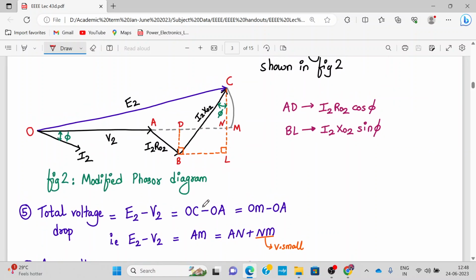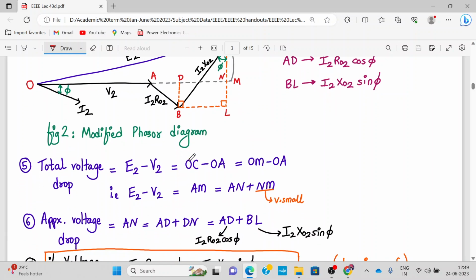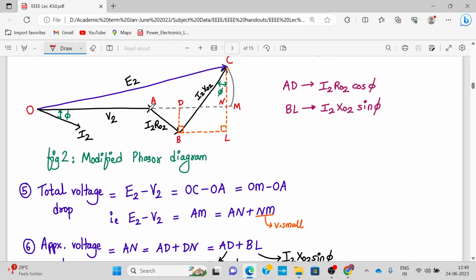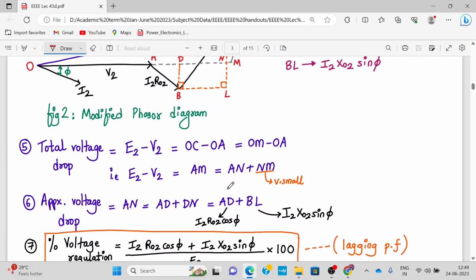So E2 minus V2 will be just equal to AM. Now AM is actually two components, AN and NM. Now NM, as you can see, is very small. So the voltage drop E2 minus V2 is just AN. Now AN again has two components, AD plus DN. Now DN is parallel to BL. So AD plus BL, we have to find out AD plus BL.